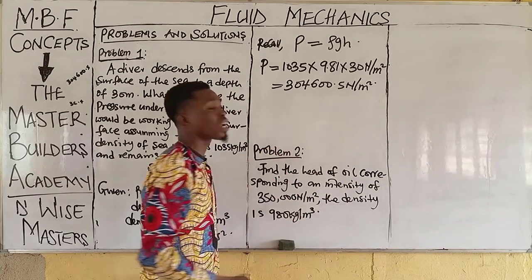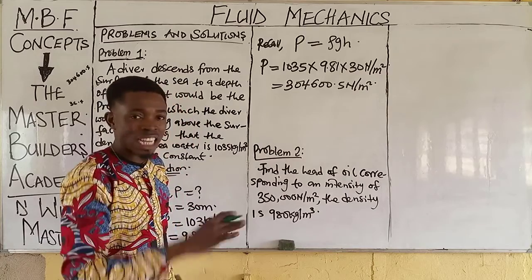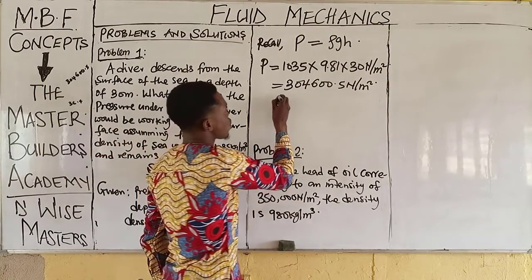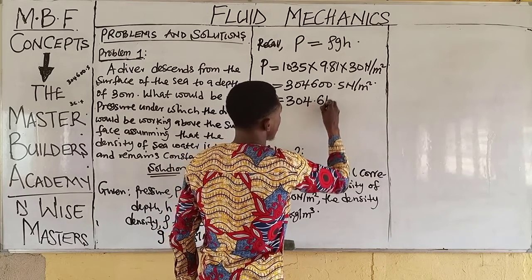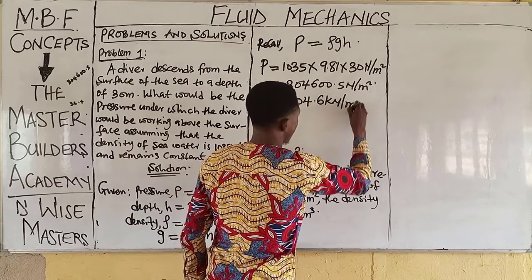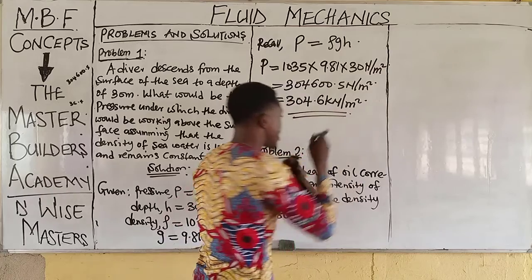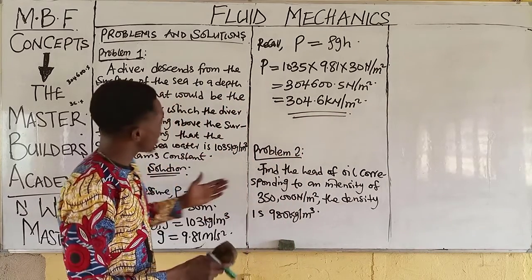So you can start to convert to kilo, mega Newton, as you wish. But let's convert this to kilo. This would have given us 304.6 kilonewton per meter squared. This is the answer to this very question.